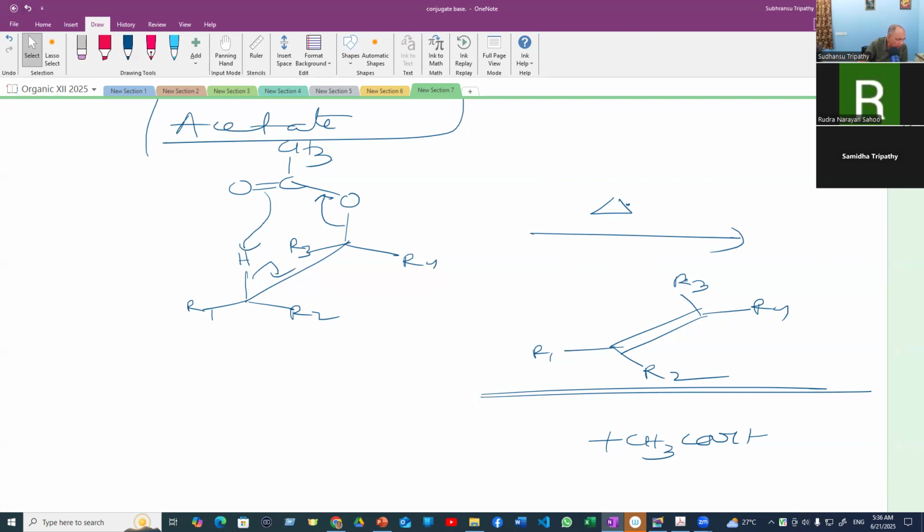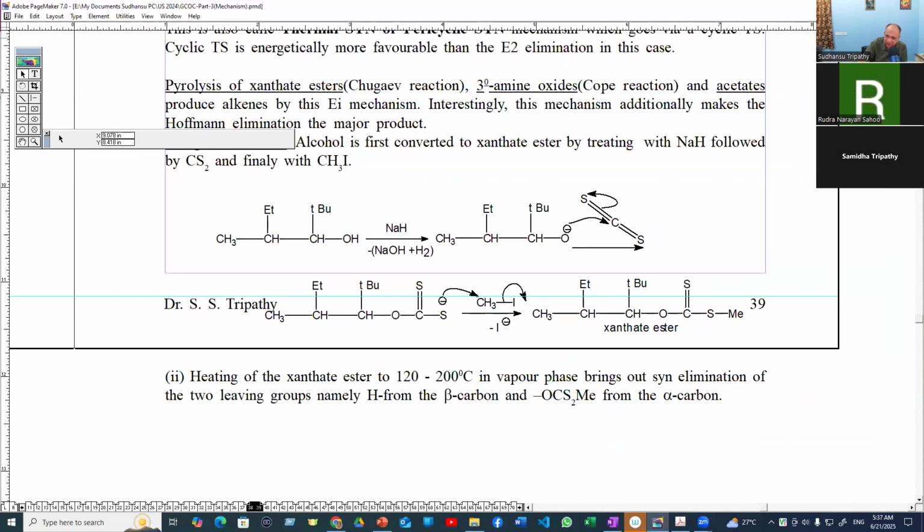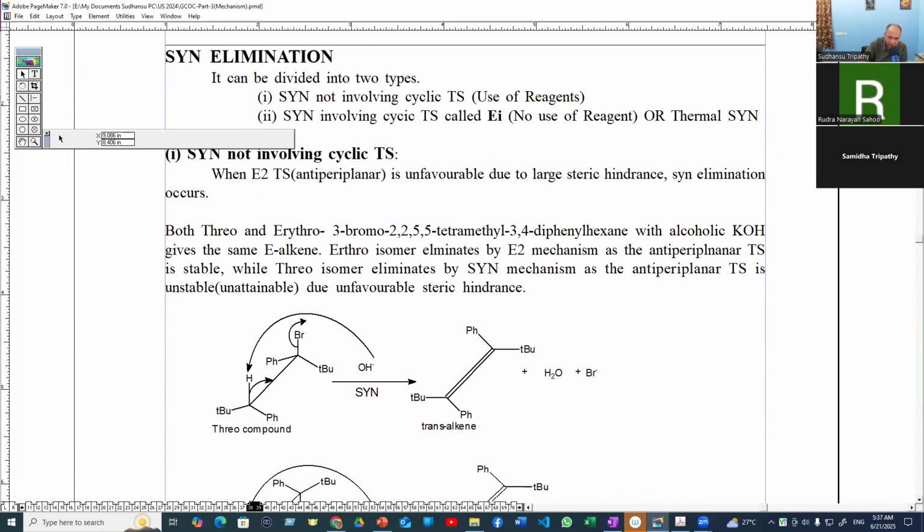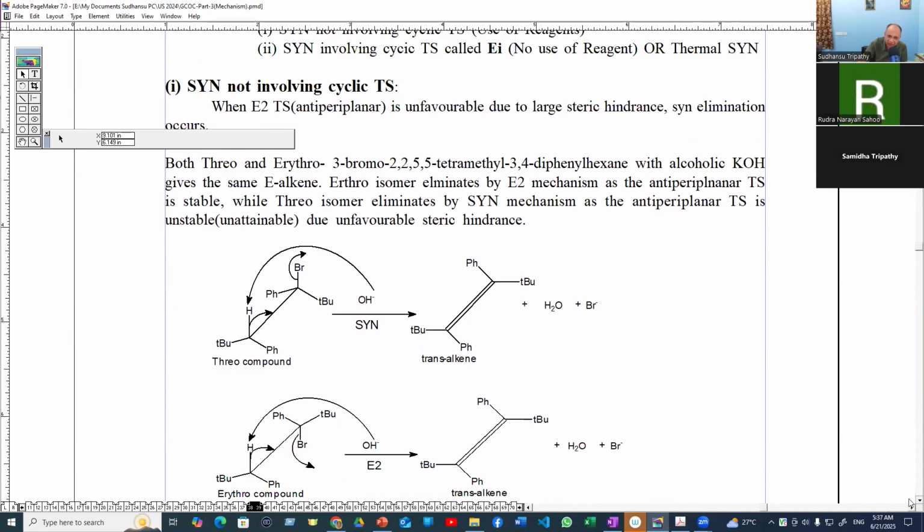Then I will talk about Hofmann elimination. There is another case of syn elimination, which will not involve a cyclic transition state. Now see, I'm taking di-tert-butyl. Tert-butyl groups are on both the carbons that will be having a double bond now. This is a threo compound.